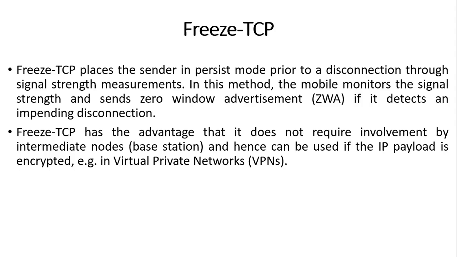The mobile keeps monitoring the signal strength, and since it's not wired, it's wireless, the signal quality can fall. So when it finds that the signal quality is getting very poor, so I may get disconnected almost, it may be like an out of coverage situation, it sends a message that, okay, make it 0. Instead of sending the advertisement window from the base station, it's from the mobile, and this 0 window advertisement gets to the sender.